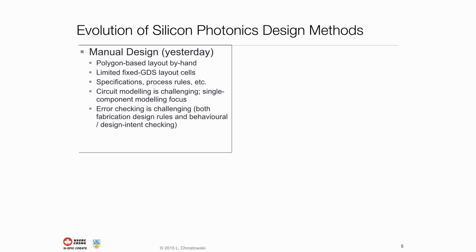Circuit modeling is possible, but can be challenging. Most of the effort is aimed at designing individual components. Finally, error checking is challenging. Checking for fabrication design rules is generally straightforward, but checking to ensure that your circuit has the correct behavior based on your design intent is not easy. What we've described is typical for a university research effort.